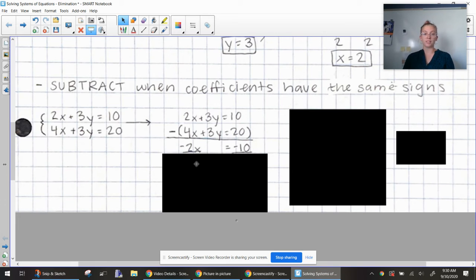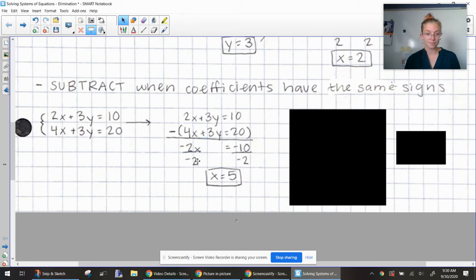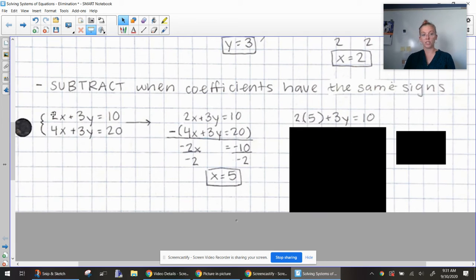Now I'm going to divide both sides of my equal sign by negative 2, and I end up with x equals 5. Once I have solved for x, I'm going to substitute it back into either of my equations to solve for y. I chose the first equation, 2x plus 3y equals 10, and substituted in x equals 5. So 2 times 5 plus 3y equals 10. 10 plus 3y equals 10.